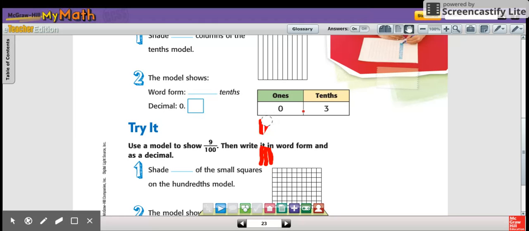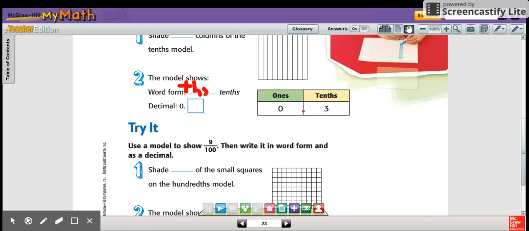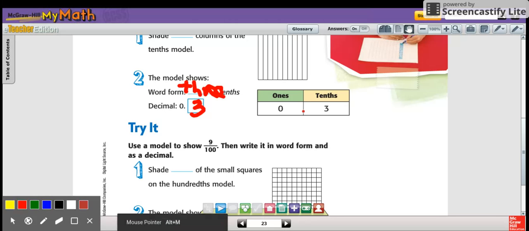So the model here shows in word form 3 tenths. It's very difficult to write with a mouse, so if it does not look like 3, I do apologize. Okay, it does say 3. 3 tenths, and in decimal form it is 0.3.